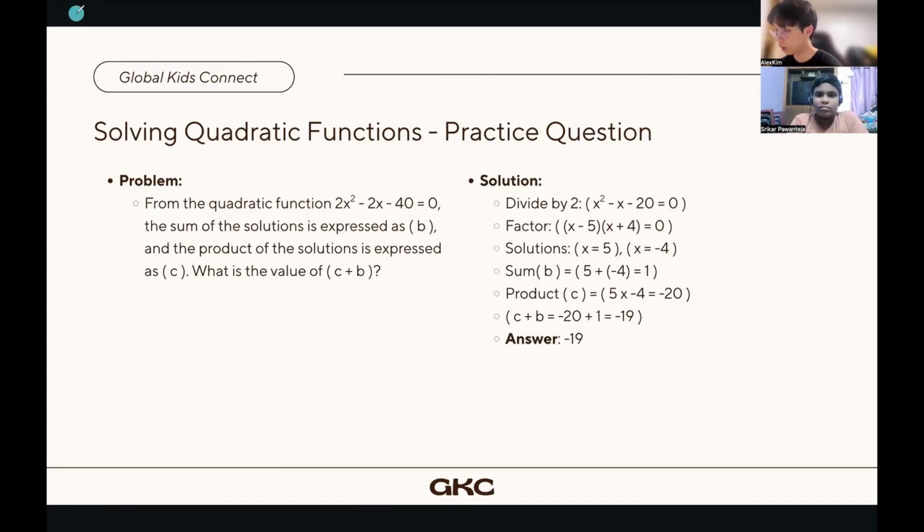Just reading the problem: from the quadratic function 2x squared minus 2x minus 40 equals 0, the sum of the solutions is expressed as b, and the product of the solutions is expressed as c. What is the value of c plus b?